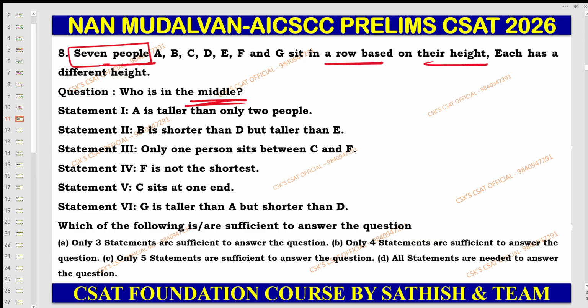Next, in a row, each person has a different height. So the taller person comes at the last, the shorter person comes in the front. Please remember that logic also. So what does statement number one say? Statement number one says A is taller than only 2 people. First, let me fix 7 people here.